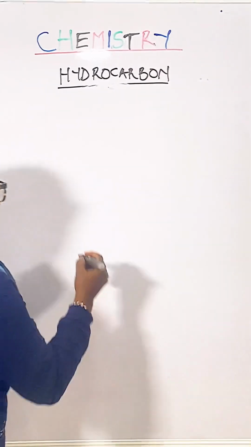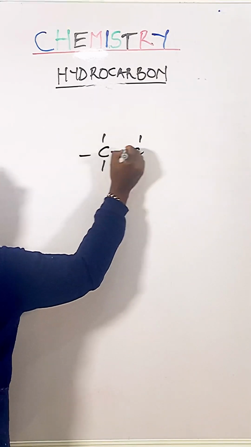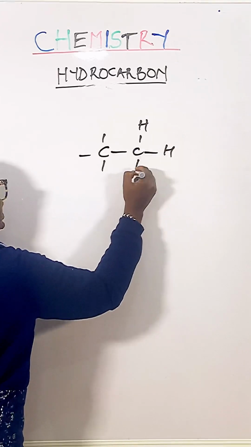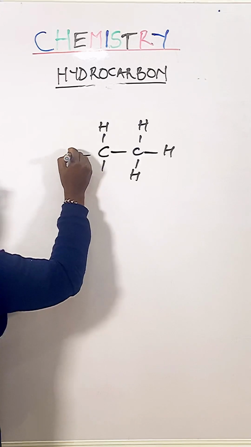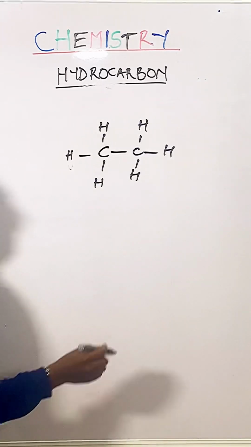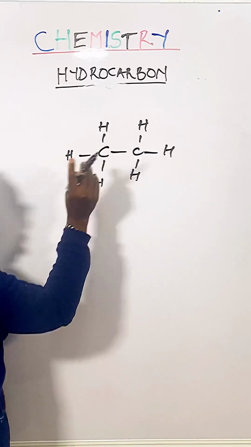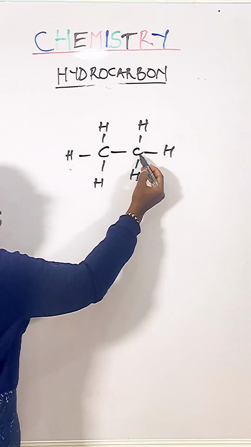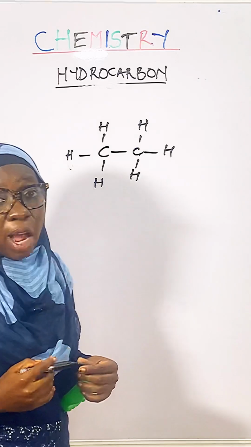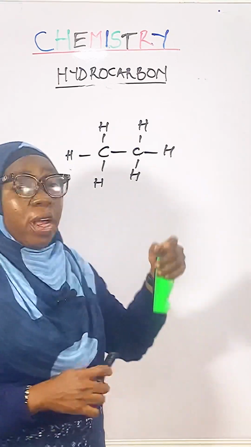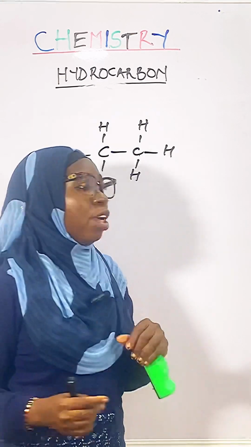For instance, look at this compound. When you look at it, the bond between the carbon here and the other carbon is single, is one. Single means one. Then the bond between the carbon here and hydrogen is also single, which is one bond. And that is why we classify this compound as alkane, because it contains a single carbon to hydrogen bond.